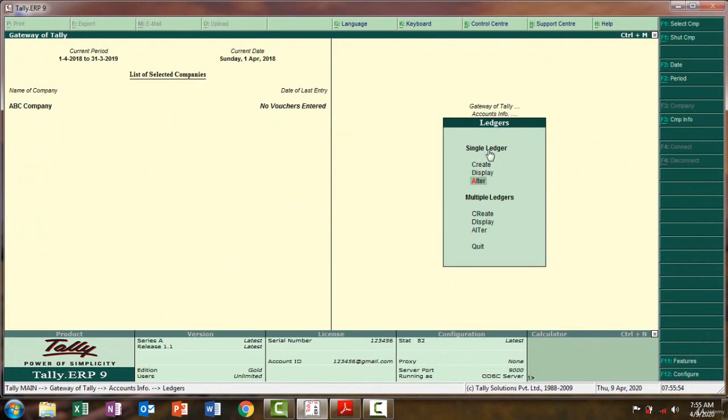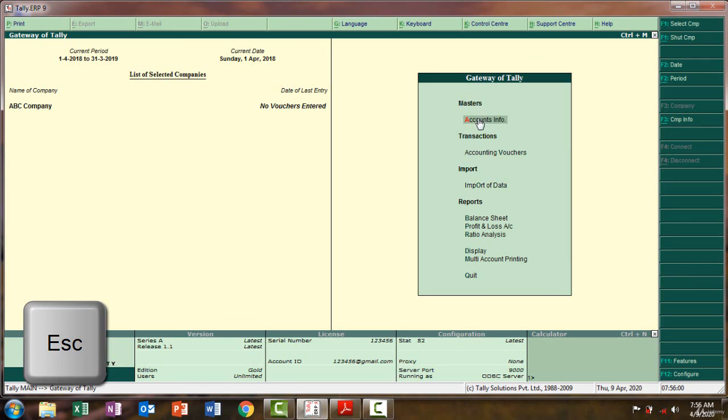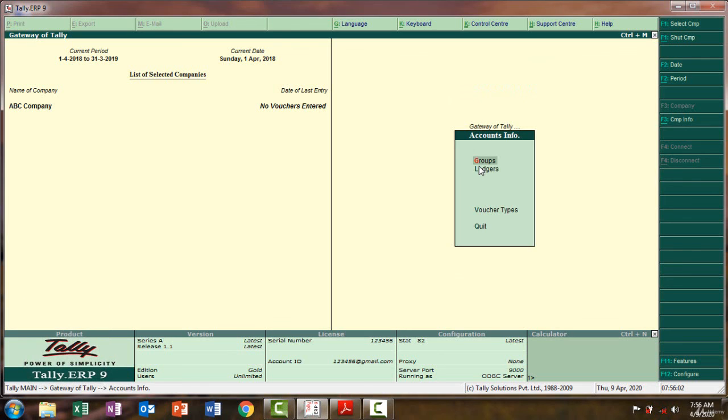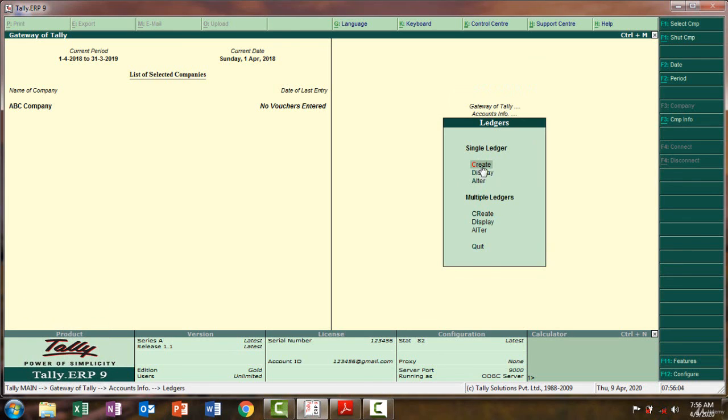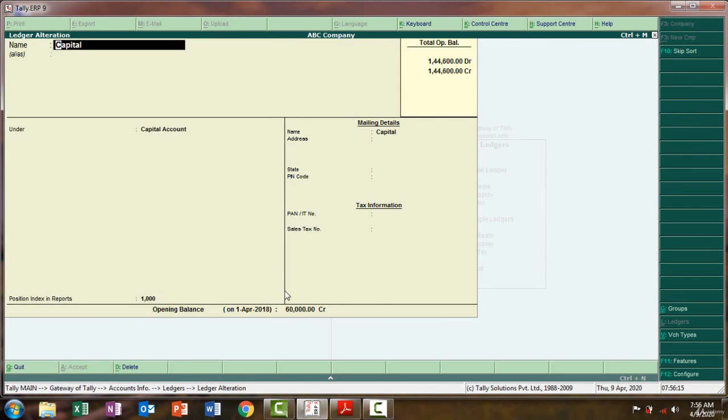Go to escape, Gateway of Tally, Account Information, Ledger, Single Ledger we have created like this. But if you want to edit anything else, click Alter, and you can type the name capital. Click that, and you can see the amount.